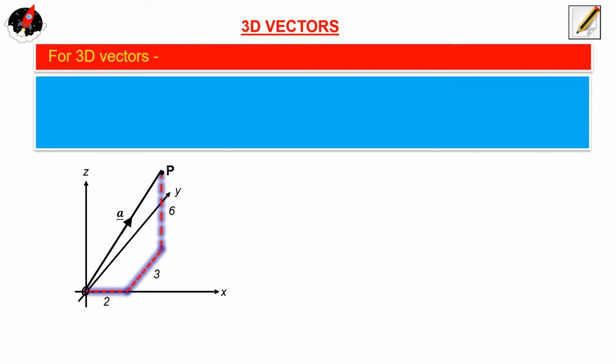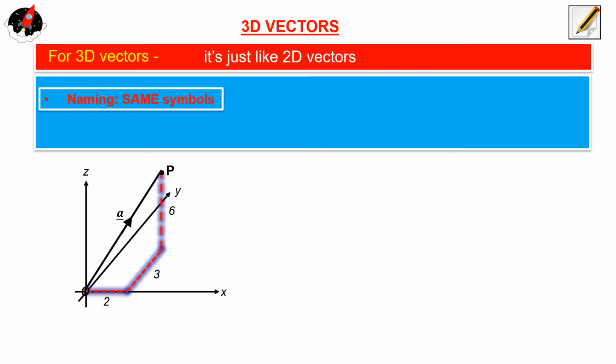Okay, so let's look at 3D vectors, and it's really straightforward. It's actually just the same as 2D vectors. So we name them in exactly the same way. We use the same symbols to name 3D vectors. The column vector is just like the 2 dimensions, only it's got an extra value in it. So the column vector is x, y, z, as we saw on the previous slide.